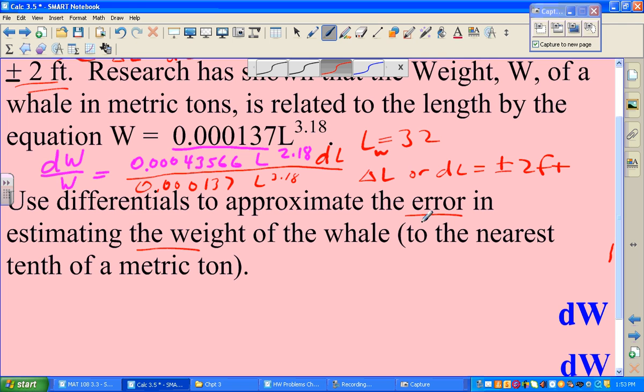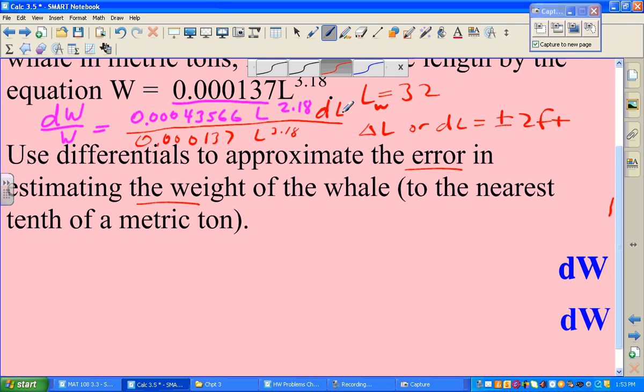You don't sound very impressed with that. Now, what is 0.0043566 divided by 0.00137? Is the dL part of the top? Yeah.